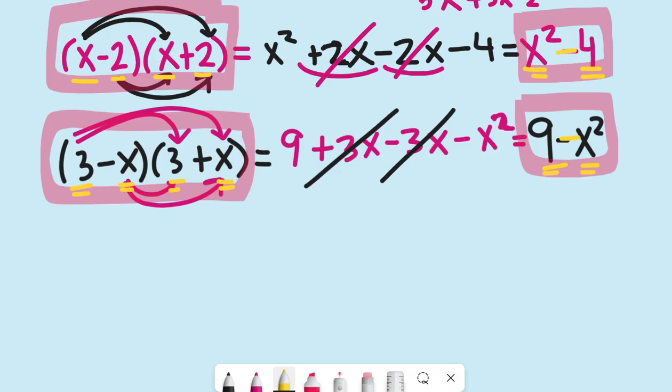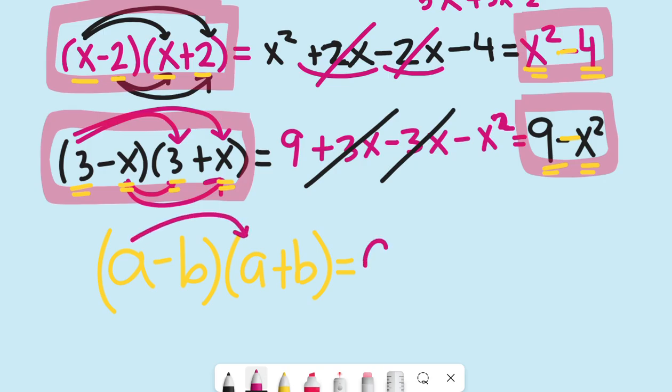Okay, let's try another one. If we have a minus b and we multiply that by a plus b, let's see what we get. a multiplied by a will be a squared. a by b will be ab. But then we have b by a, and a times b is the same thing as b times a.